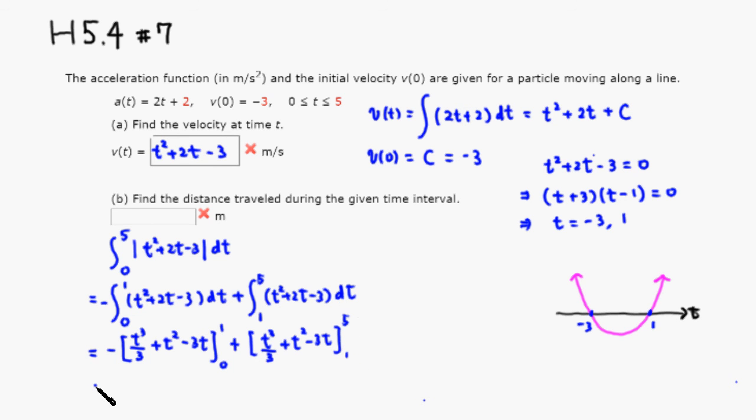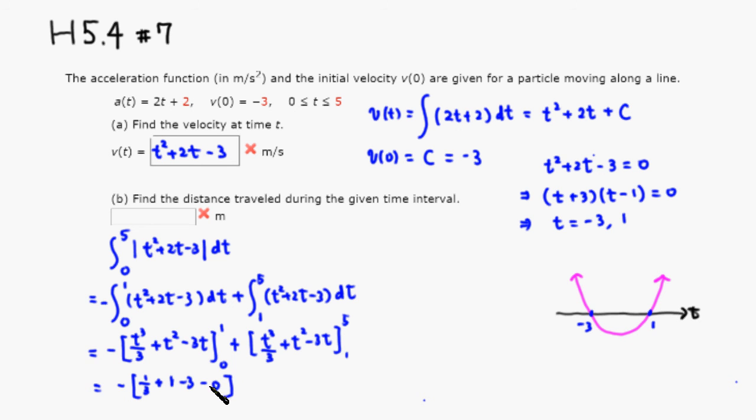So this is going to be equal to, with the negative, plugging in 1: 1/3 plus 1 squared, which is 1, minus 3, minus plugging in 0, which is all 0.